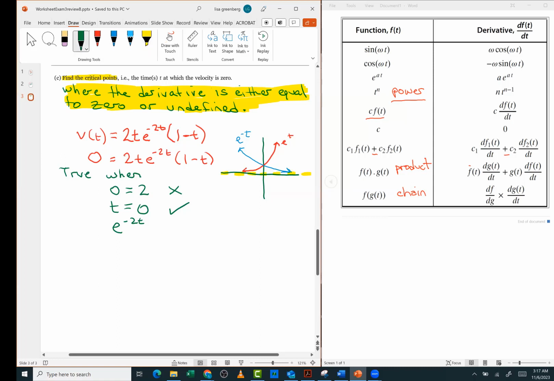Therefore, e to the minus 2t is never equal to zero. And then one last chance, 1 minus t equals 0. That works. t equals 1. There's my two solutions. My critical points are when t equals 0 and t equals 1.